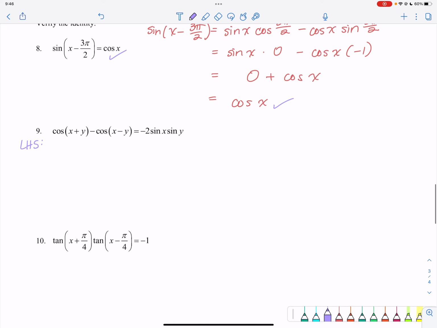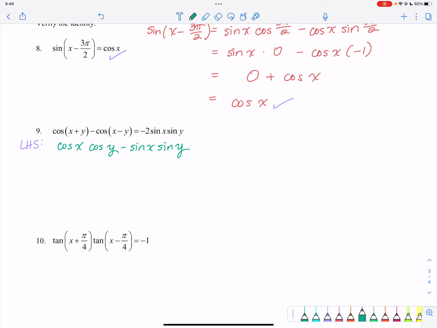Okay, and so as you can see, we have the cosine of a sum. And when we have that, we will have the cosine of x multiplied by the cosine of y minus the sine of x multiplied by the sine of y.